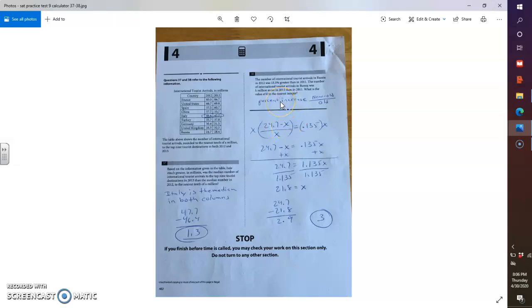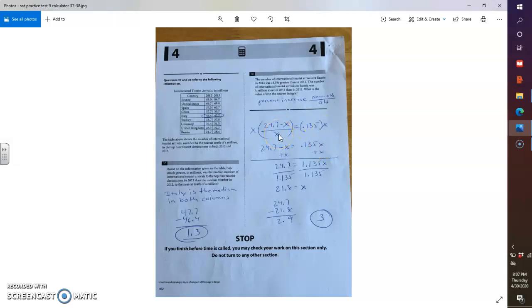But what we have to recognize is percent increase is always new minus old divided by old. And since we're going from 2011 to 2012, 2011 is old, 2012 is new. 2012 is 24.7, and we don't know 2011. So new minus old divided by old equals 0.135, which is our percentage, the 13.5% increase.